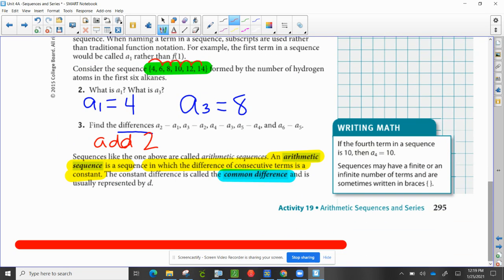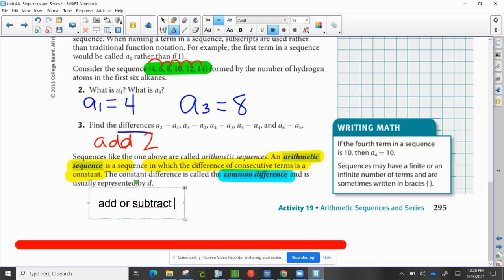That is something that will show us that it is an arithmetic sequence. It doesn't matter how you pronounce it. An arithmetic sequence is a sequence in which the difference of consecutive terms is constant. What that means is, an arithmetic sequence is when we add or subtract by the same number.